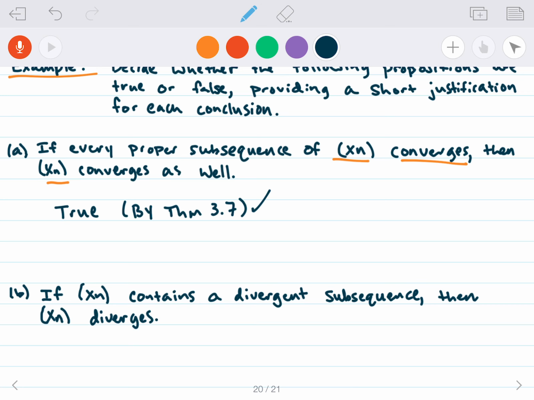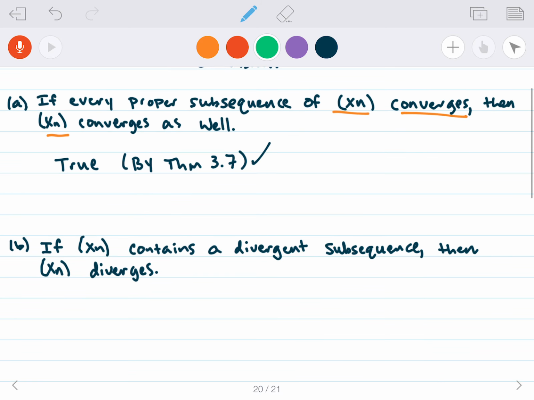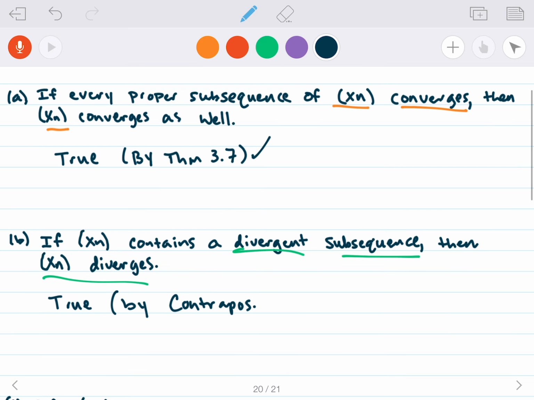Okay. Next one says, if your sequence contains a divergent subsequence, then the original sequence diverges. So this is going to be true as well, and it's going to be true by the contrapositive, which is logically equivalent to the original Theorem 3.7.